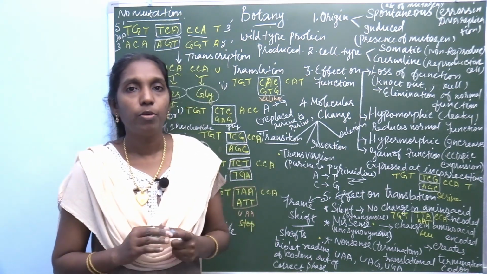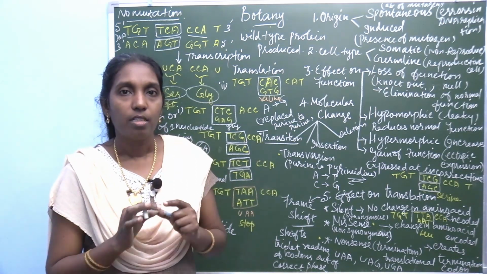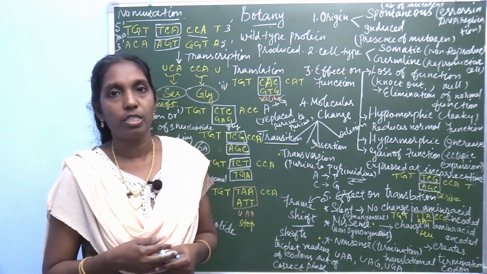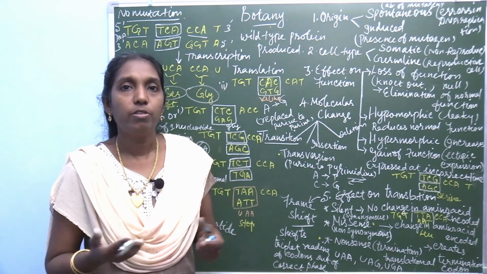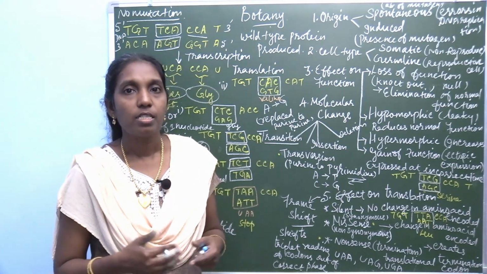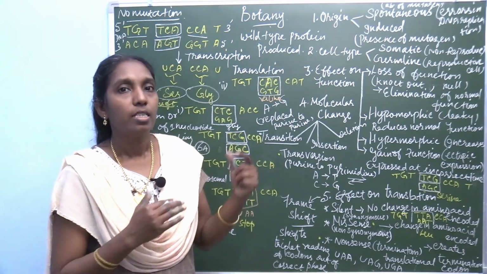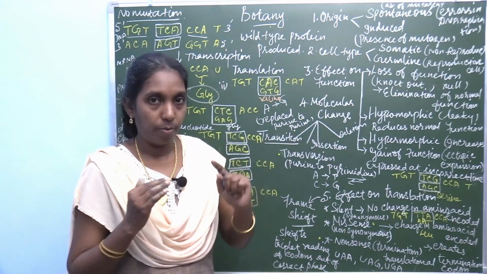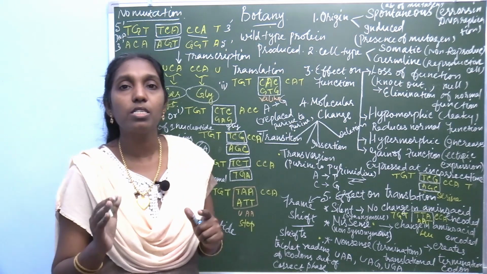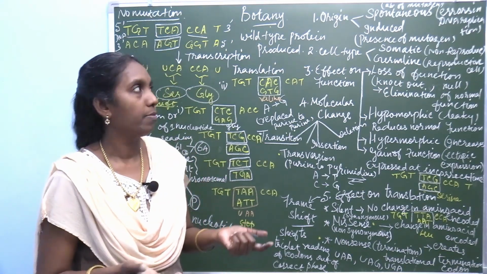There are physical mutagenic agents and chemical mutagenic agents: the radiations, temperature or chemical substances. In spontaneous mutation, there are no mutagenic agents, an absence of mutagen. Mutagenic agents are also called mutagens.